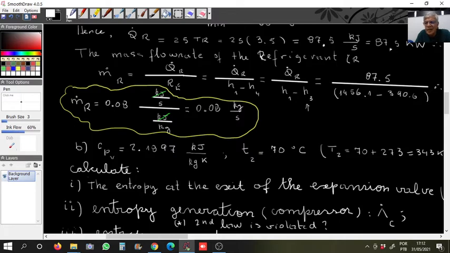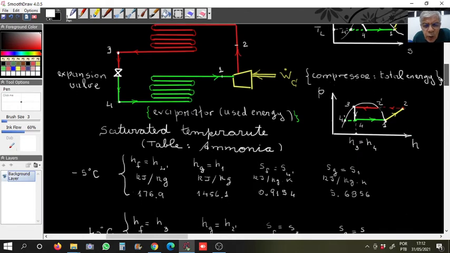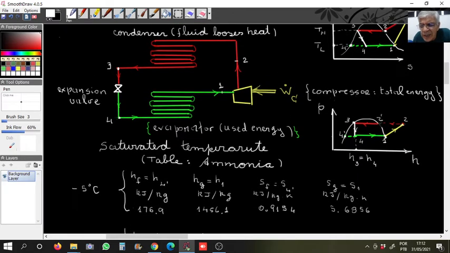Now the flow rate is the capacity divided by this, which is called the cooling effect. That's interesting. You see, H1 minus H4. Look at that. That's the energy used. You see, the energy used is H1 minus H4.